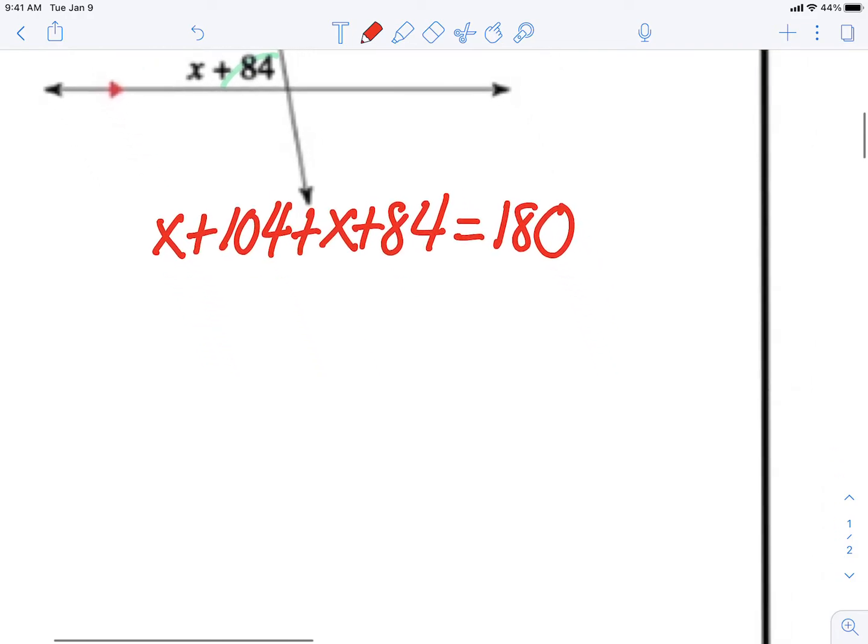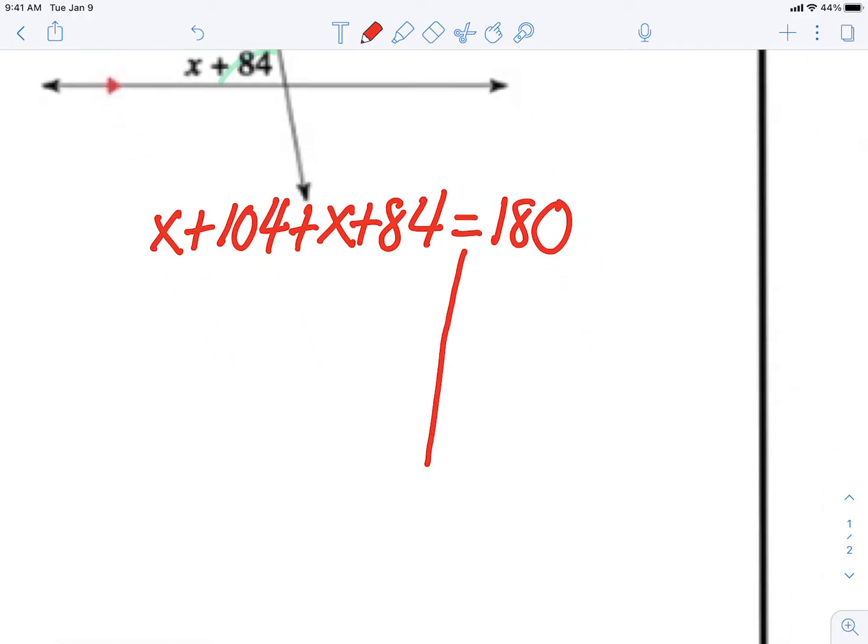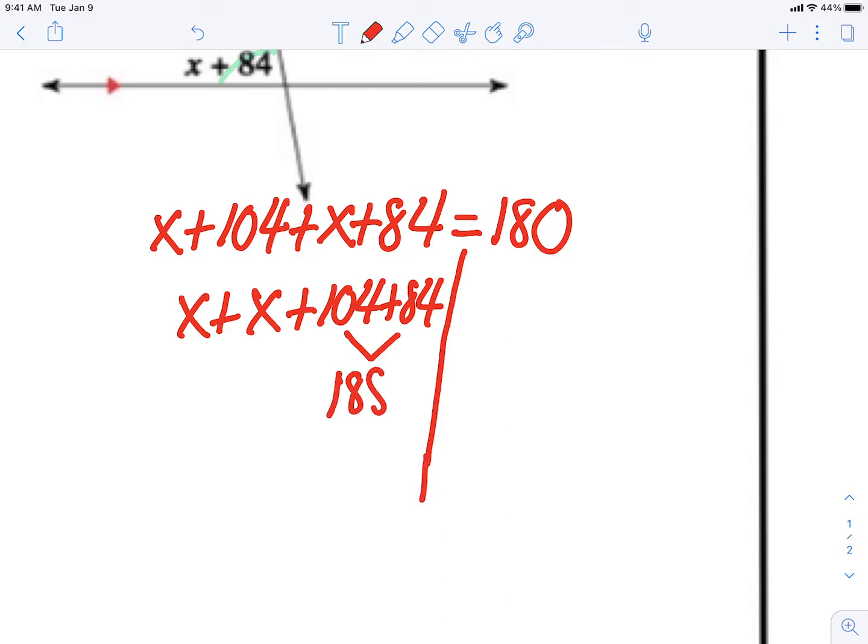Look at that. So I'm going to draw my line of separation. I'm going to draw my x's together, x plus x, and my 104 and my 84 together. 104 and 84 is 188. X plus x is 2x, positive 188.